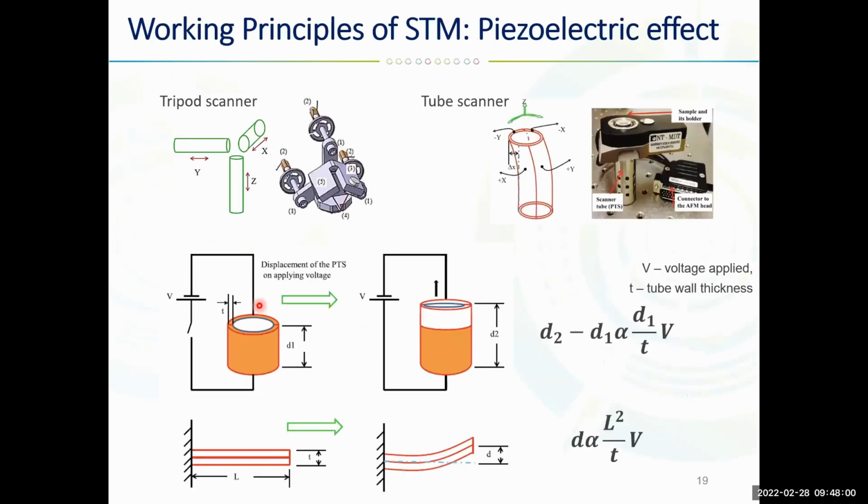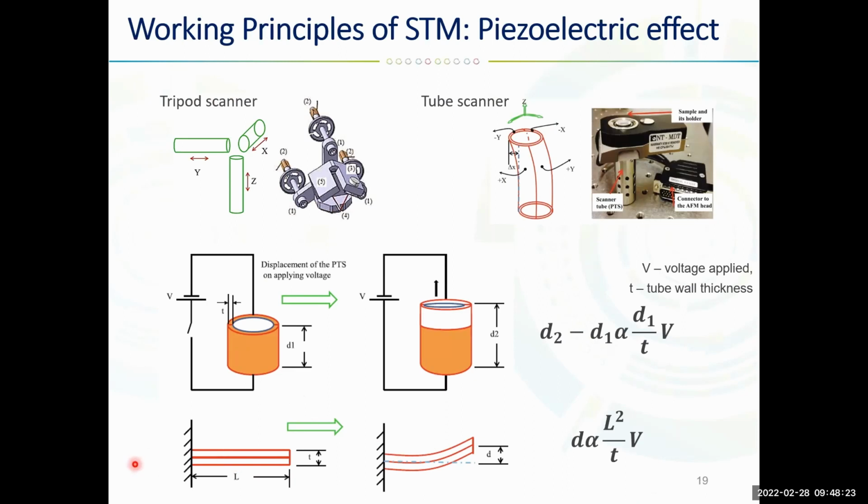And now we will talk about the piezoelectric effect. This effect was first discovered by Pierre Curie in about the 1880s, and STM uses the inverse piezoelectric effect. By applying voltage, the material will deform.